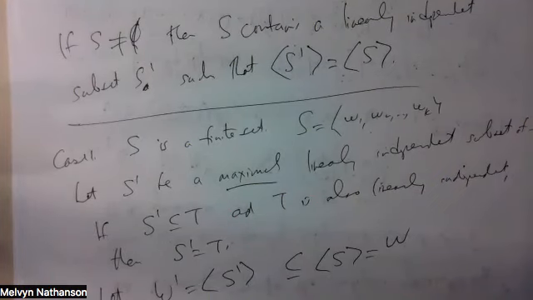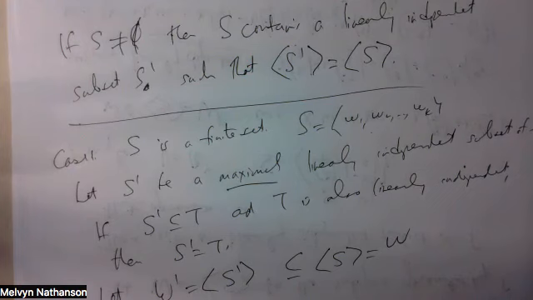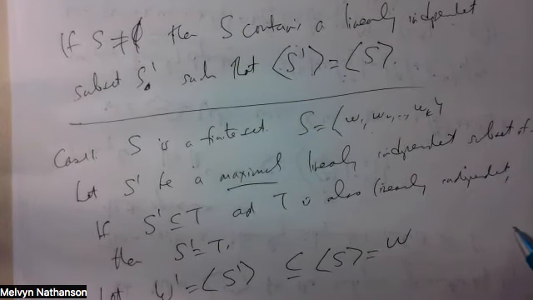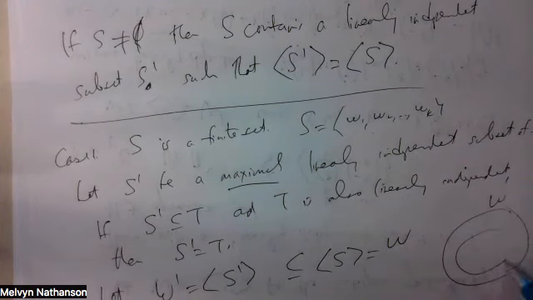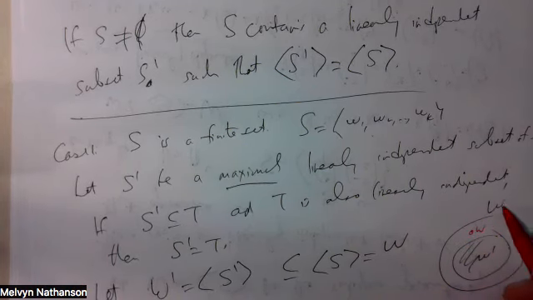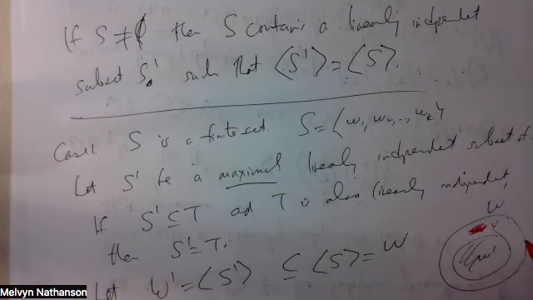Suppose they're not equal. Suppose W prime is different from W. That means here we have W, and sitting inside of W is W prime, and they're not equal. If they're not equal, there's some vector, or maybe I should call it V, just to have a different letter.